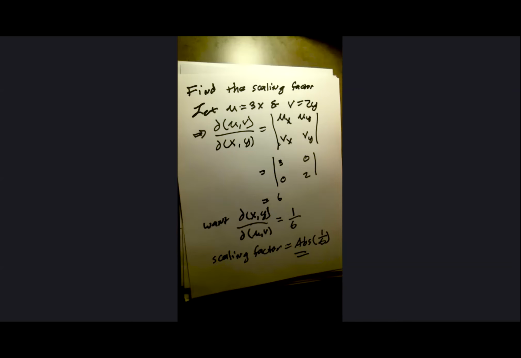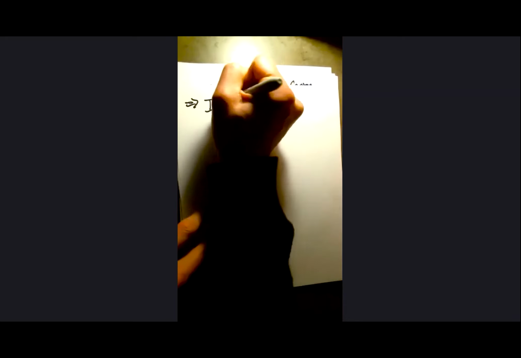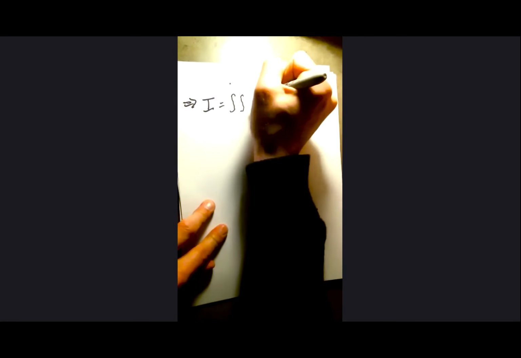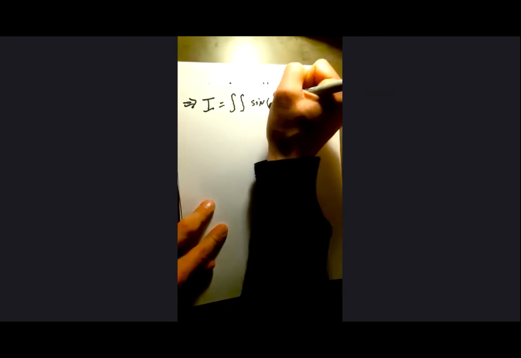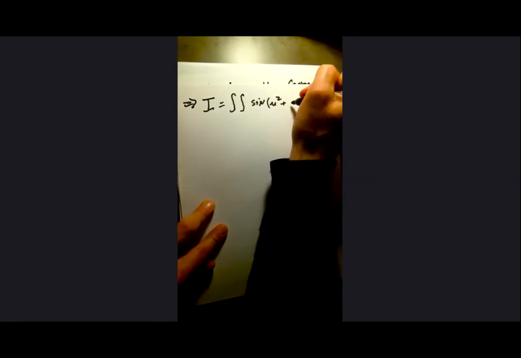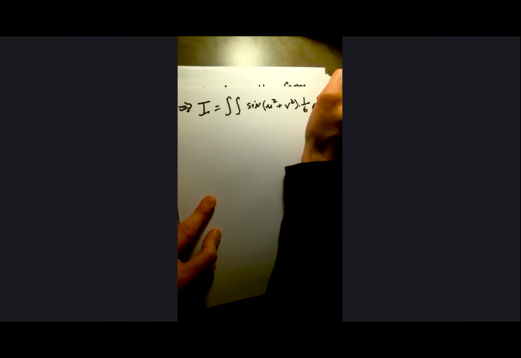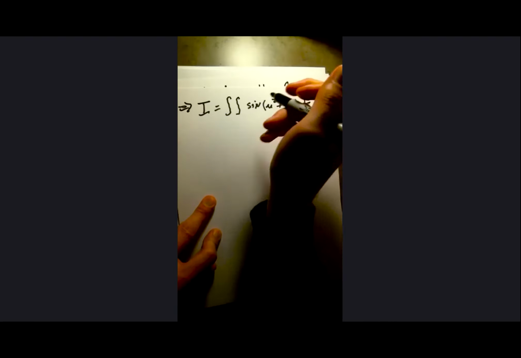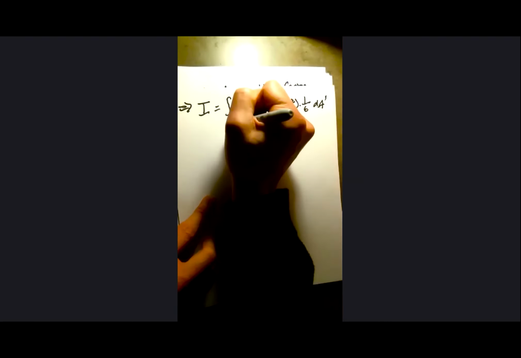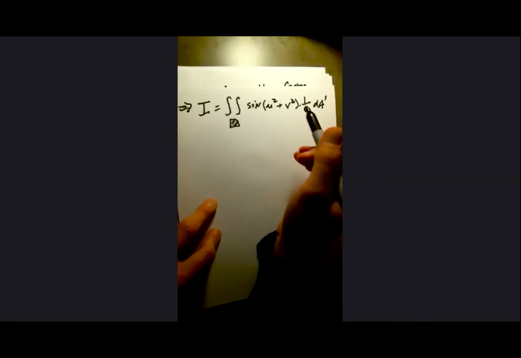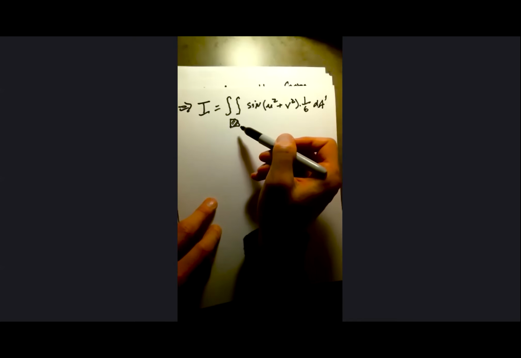So let's see, how would we put all this together? So this tells us that our integral is the double integral of sine of u squared plus v squared times 1/6 dA prime, in the region that's the first quadrant part of the unit disk.